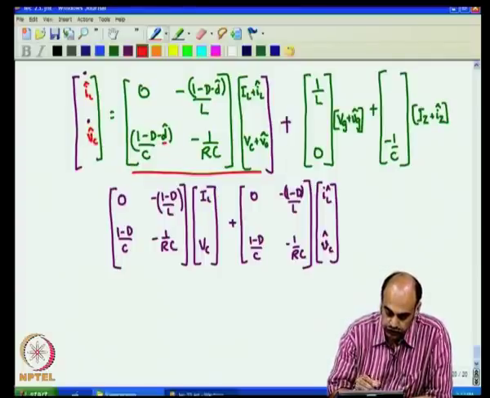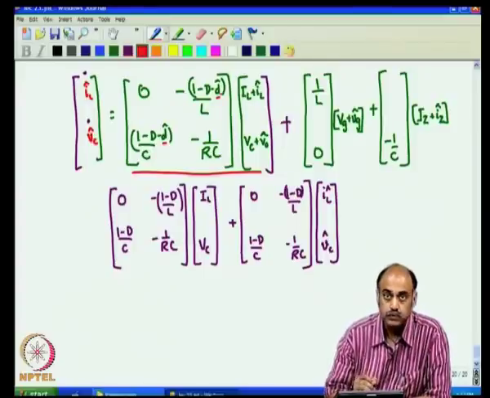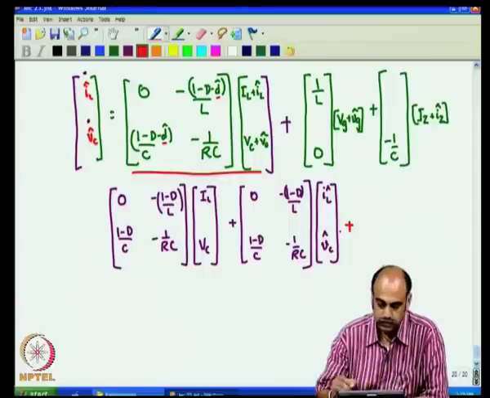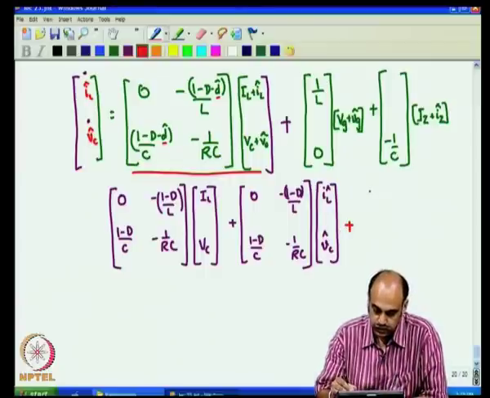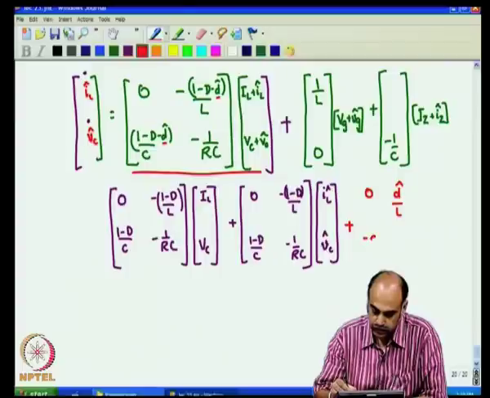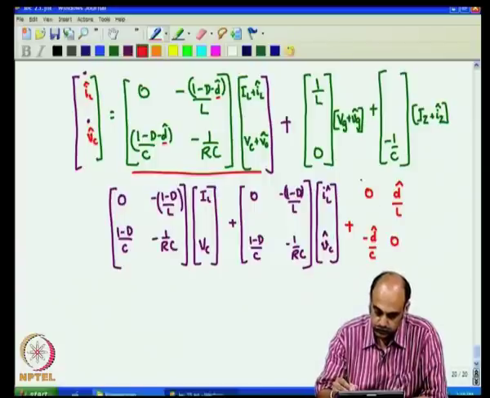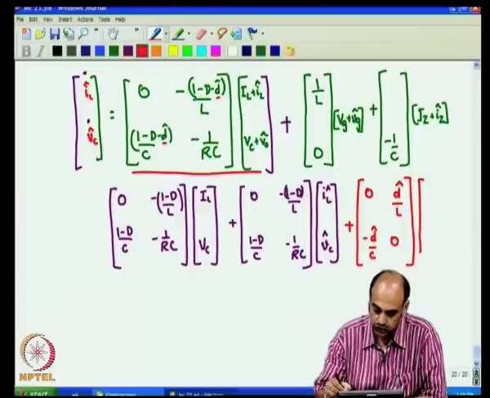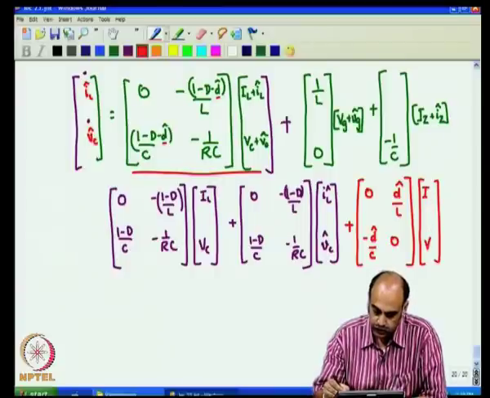Of course, we have to yet consider this too, small d hats. So, that will come as 0, d hat by L, minus d hat by C, 0, I and V naught.